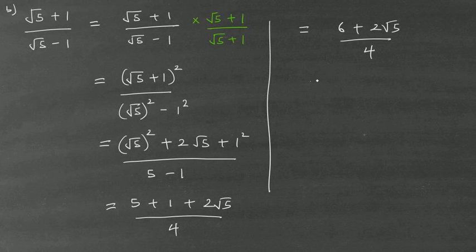We can reduce by 2: this will be a 3, this will be a 1, this will be a 2, so we remain with 3 plus root 5 over 2, and that is the answer.